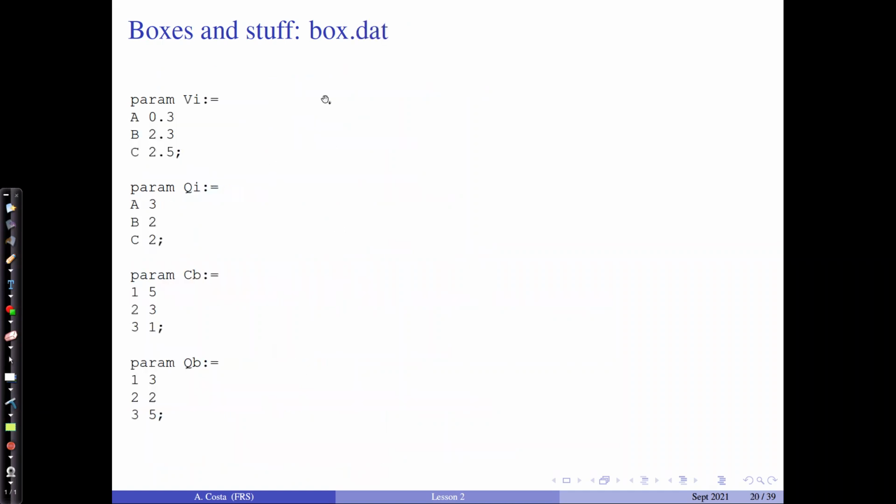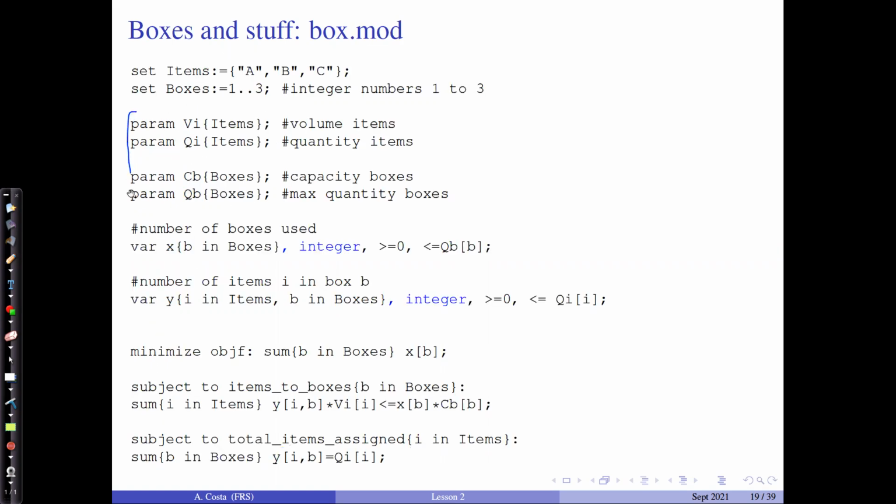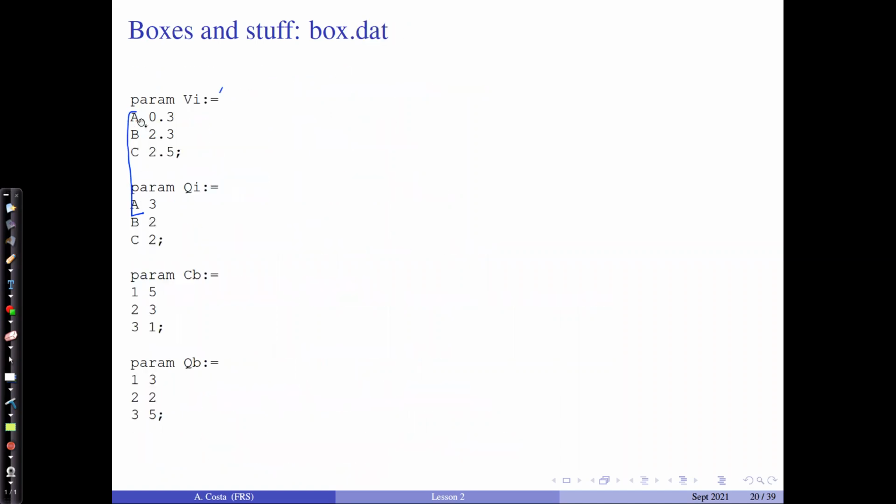Now, when we go to the data file, we have to specify the 4 parameters here, right? So VI, QI, CB, QB. And remember that VI and QI are defined for each item, and CB, QB for each box. So here you see the syntax like last time.